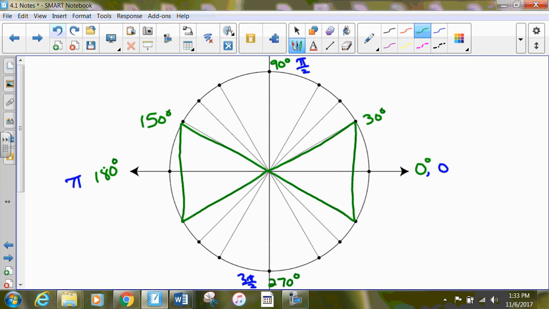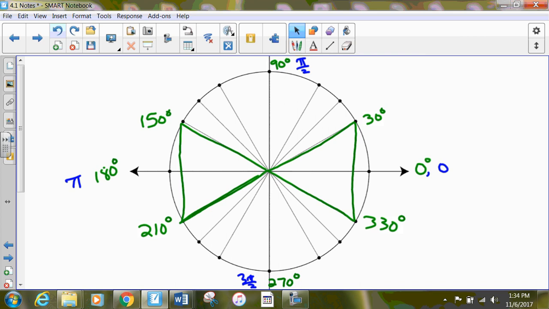Same thing to find this next angle right here. If I went all the way to 180, I'm not there yet, I have to add another 30. So 180 plus 30 is 210 degrees. And same thing for our last angle. If I went all the way around, that'd be 360 degrees. Well, I went too far, I have to back it up 30. So 360 minus 30 is 330 degrees. We're going to use that same pattern to find all of our angles.